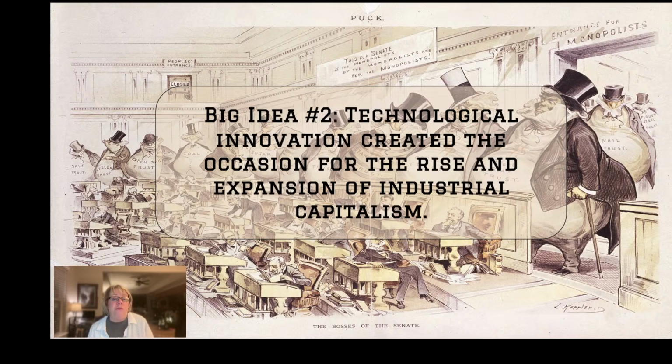integration that was used in many of the corporations, and this is what we call horizontal integration. Now, horizontal integration differs from vertical integration in that what you're trying to do is control one aspect of production of a specific product.